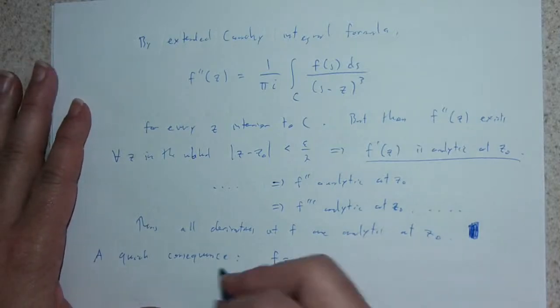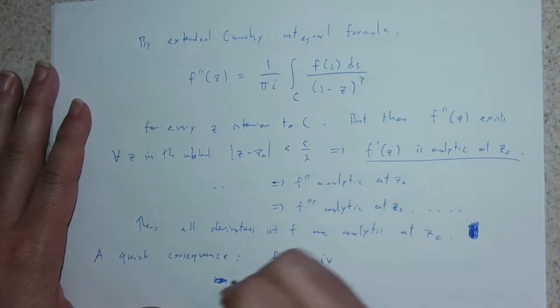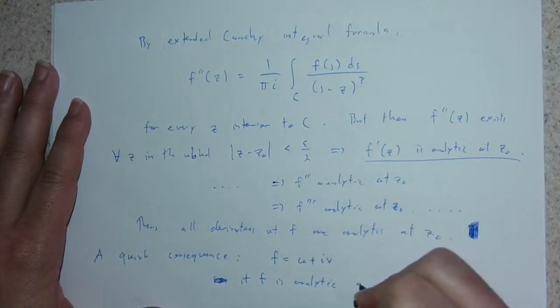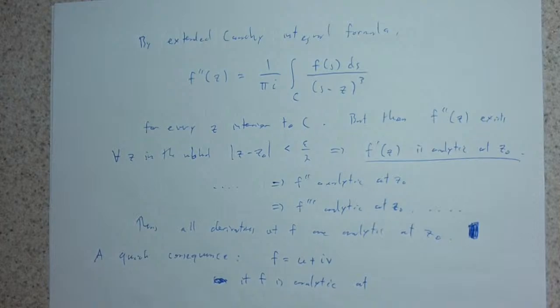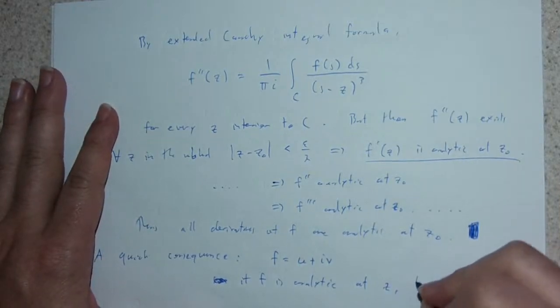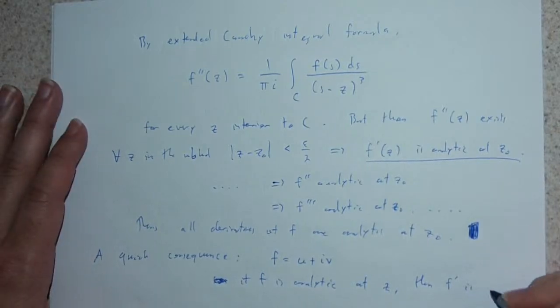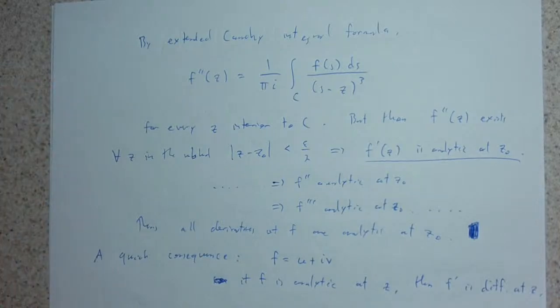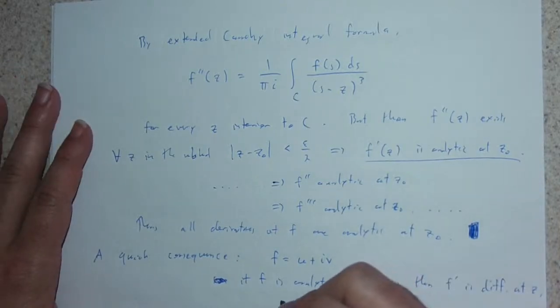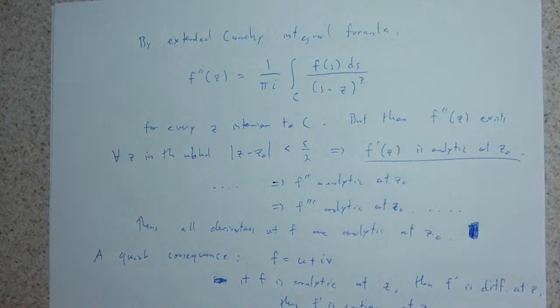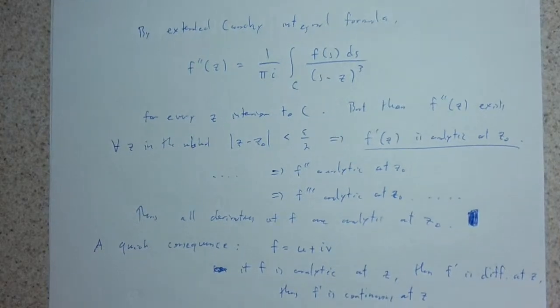Well, if f is analytic at z, then f prime is differentiable at z, right? Thus f prime is continuous at z. Differentiability implies continuity.